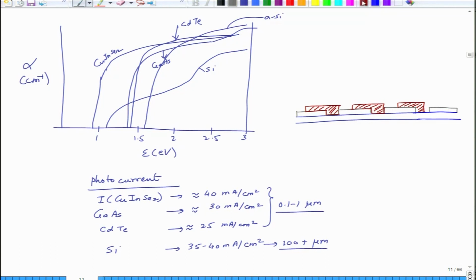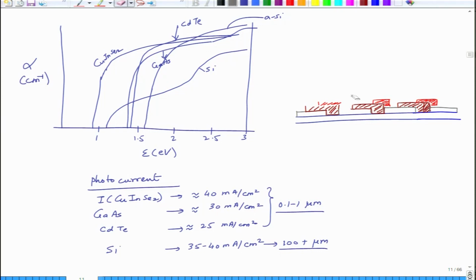And then on top you put a back contact, a front contact. So, a front contact could be something like this. You have to isolate them though. So, you make a front contact, you make a back contact. So, can't make them touch each other.